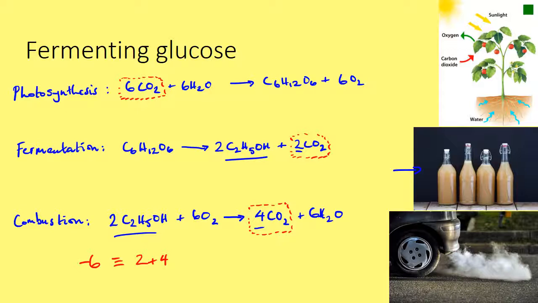Okay, so that's where the term carbon neutral comes from, and on the face of it, it is carbon neutral, and it's certainly a lot more carbon efficient than digging our oil out of the ground and burning it straight off. However, it's not quite as carbon neutral as we think.